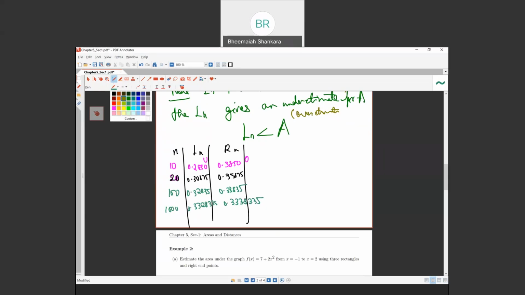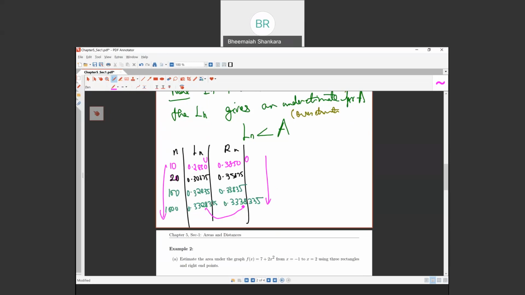So when you carefully observe these values in the table, as you increase the n values, the L n and the R n values are converging to a common estimate. You're seeing it's 0.3328, 0.3338. So up to 2 decimal places, you have the same values at 0.33.